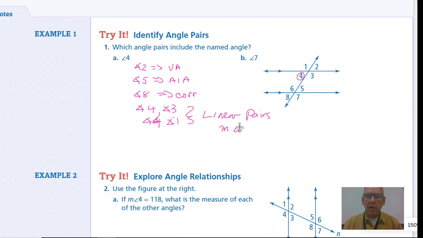Their measures add to 180. So those are relationships that we can see in this diagram that angle 4 has with the other angles in the diagram. Now, if parallel lines are cut by a transversal, alternate interior angles are congruent, corresponding angles are congruent. Same side interior angles are supplementary. So we could also say that angle 4 and angle 6 are supplementary.